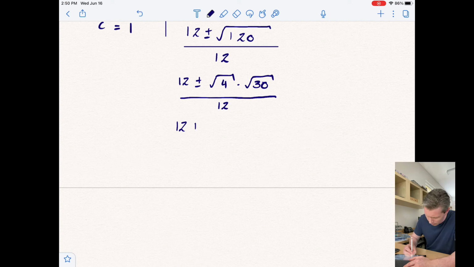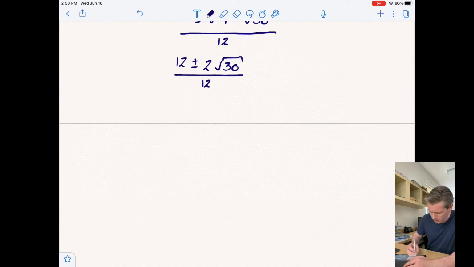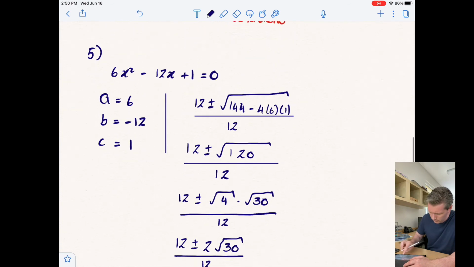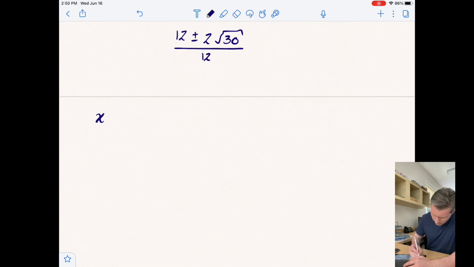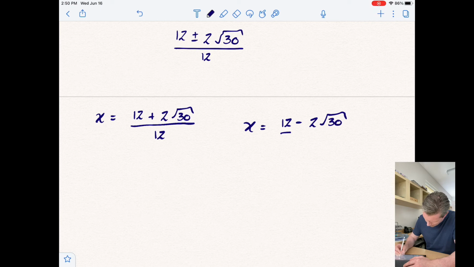And so I have 12 plus or minus 2 root 30 over 12. And so my solutions, x is equal to 12 plus 2 root 30 all over 12, and x is equal to 12 minus 2 root 30, and that all over 12.